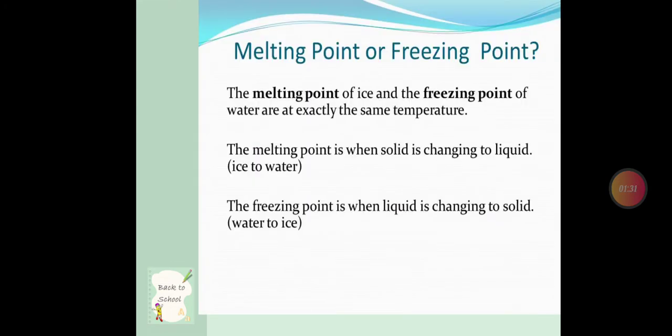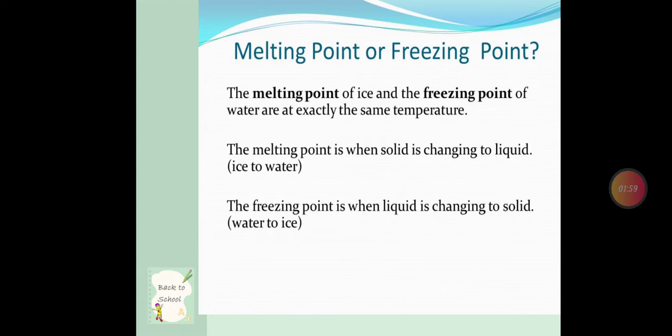Alright, let's first talk about melting point or freezing point. The melting point of ice and the freezing point of water are exactly the same temperature. Melting point is the temperature at which solid changes to liquid, and freezing point on the other hand is the temperature at which the liquid starts changing to solid.